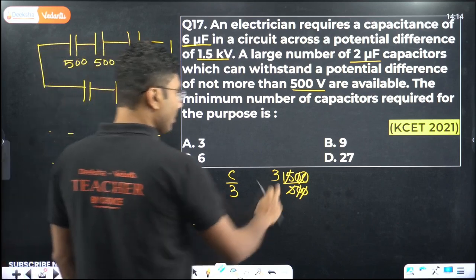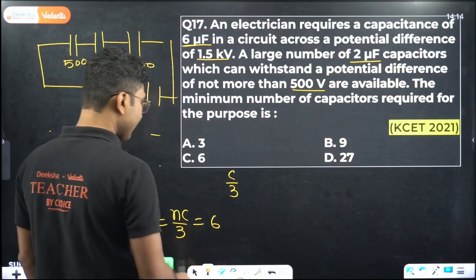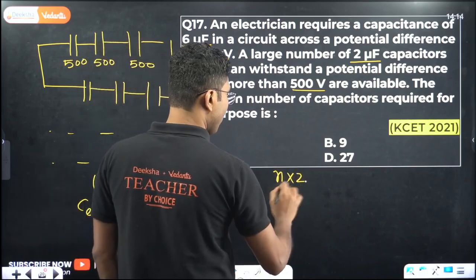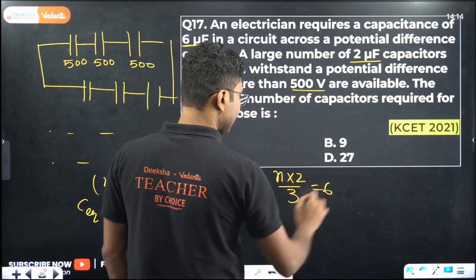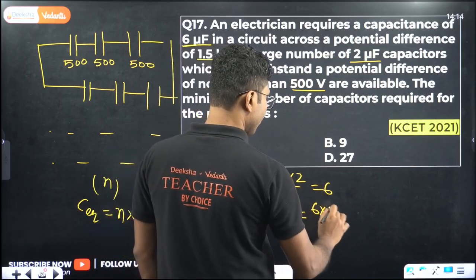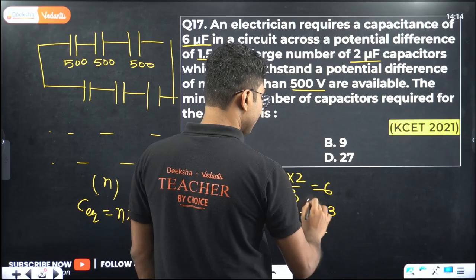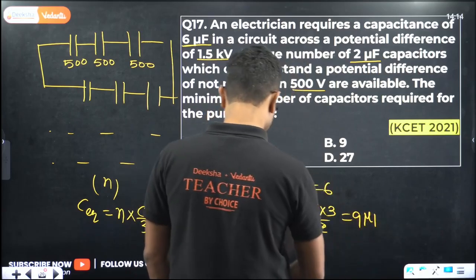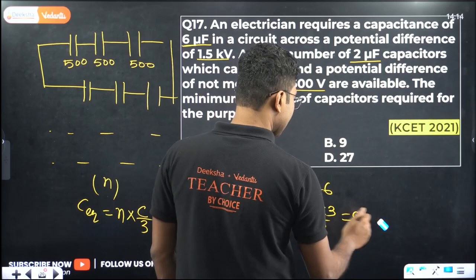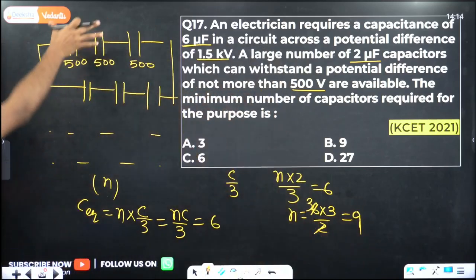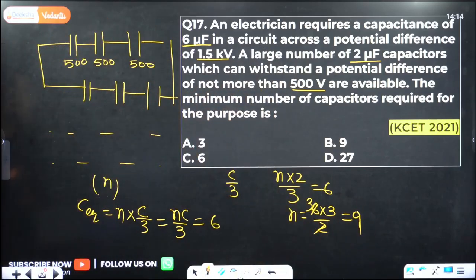And each capacitance is given as 2 microfarad, so N into 2 by 3 equals 6. So N equals 6 into 3 by 2, which is 9. 9 combinations are required in parallel.